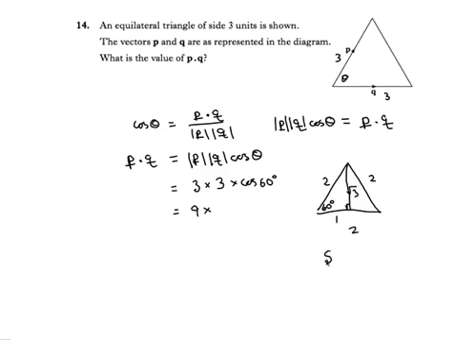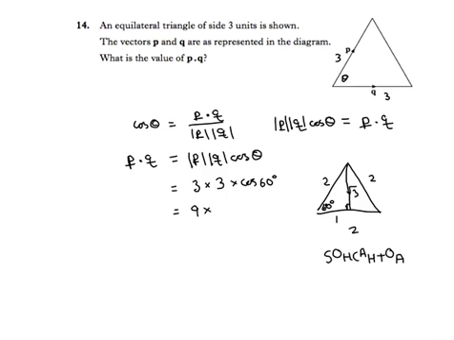And remember your memory aid, SOH CAH TOA. So in this triangle, the cosine is adjacent over hypotenuse, you're sitting there, adjacent is this one, hypotenuse is this one.